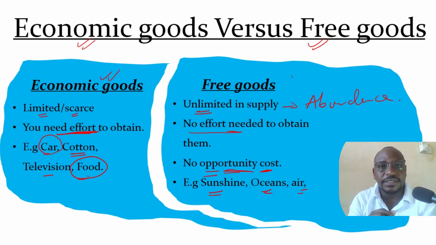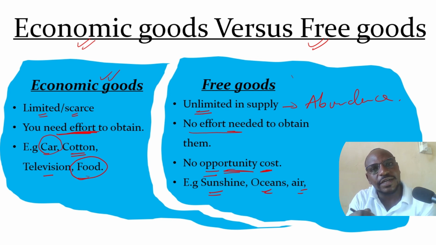Remember, there is a difference between free goods and public goods. The fact that you're not paying for a good does not make it free. For instance, the roads we are using are not free. Why? Because some money has been used to build those roads. Some money has been spent, so it cannot be a free good.